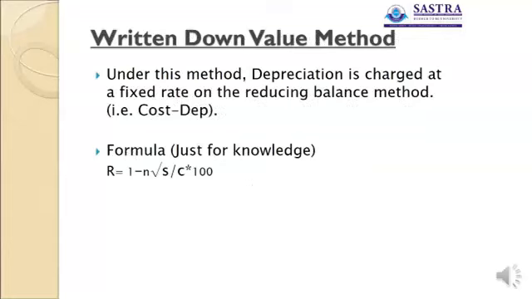See, written down value method. Under this method, the depreciation is charged at a fixed rate on the reducing balance. For this, the formula is very different: rate of depreciation is equal to 1 minus the n-th root of salvage by cost, into 100. Clear?